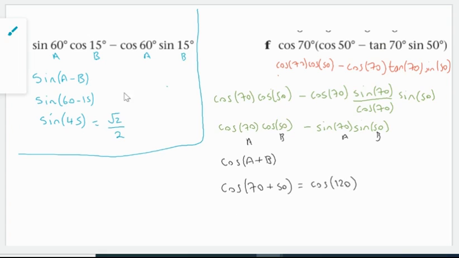Now, we can use a little bit of help here with a cos graph to say what this will be. There are other ways in which we can do this, but I think this way is fine.